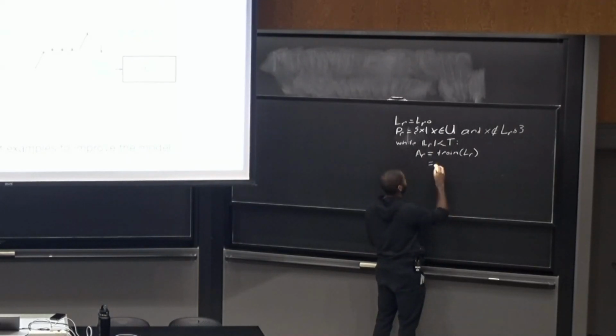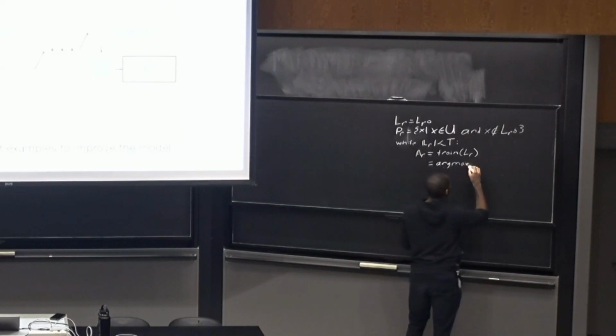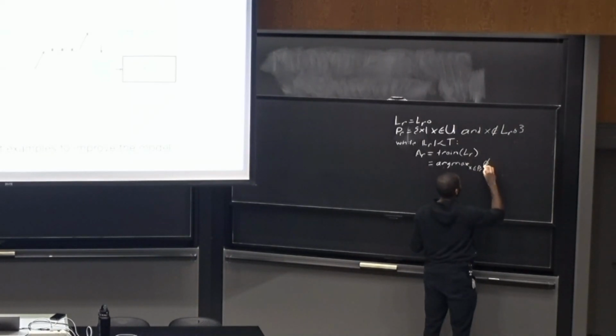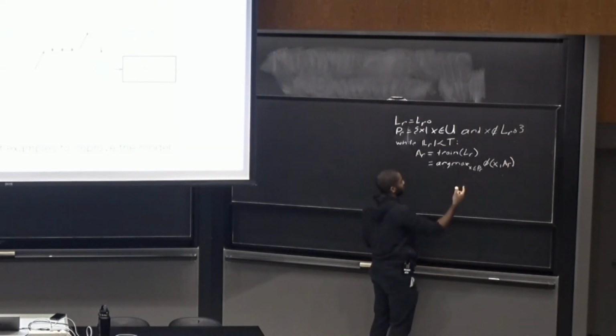So we want to find the argmax. The argmax over X in our candidate pool to label using some selection criteria phi that takes in each example X and our model. So we're applying our model and some selection criteria to all of this in order to get the argmax of it, which we call X star.